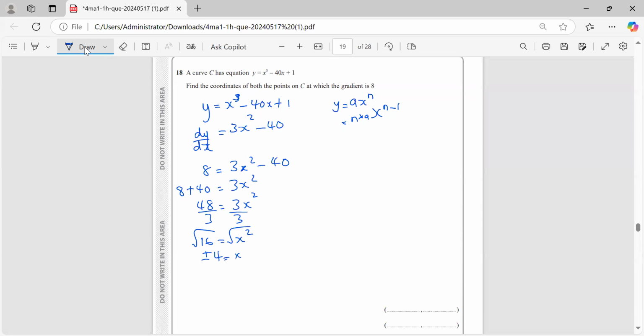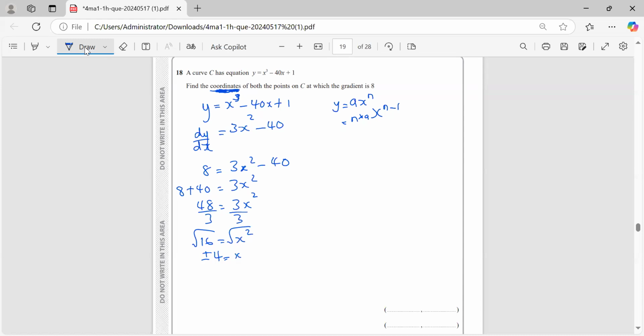And then mind you, we want to find the coordinates. So for each value of x, there should also be a value of y, because the coordinate is an x and y value. So let's first choose positive 4 and see what we're going to get.